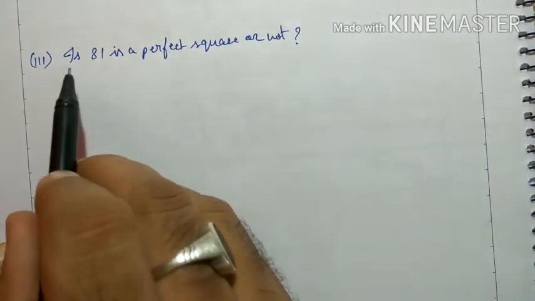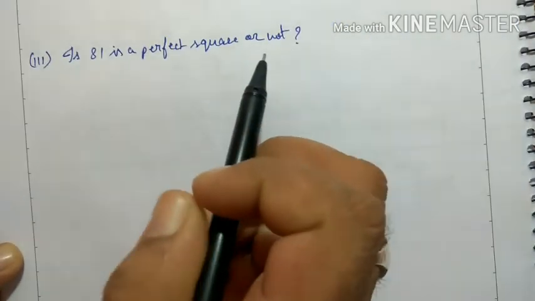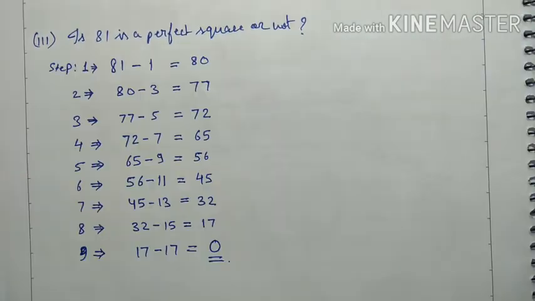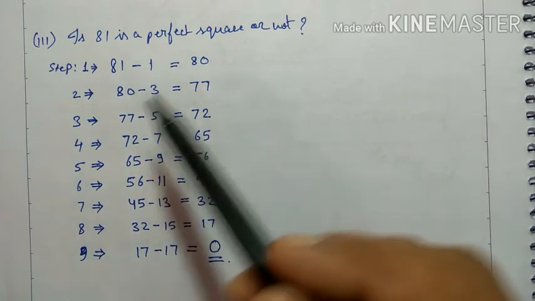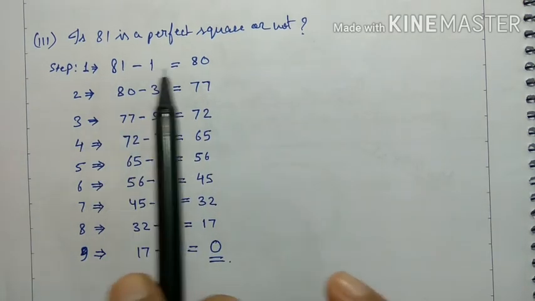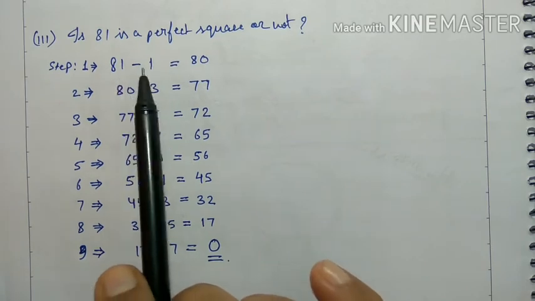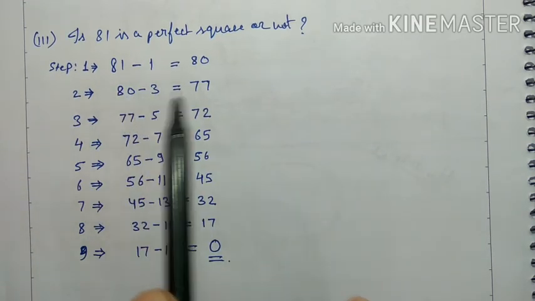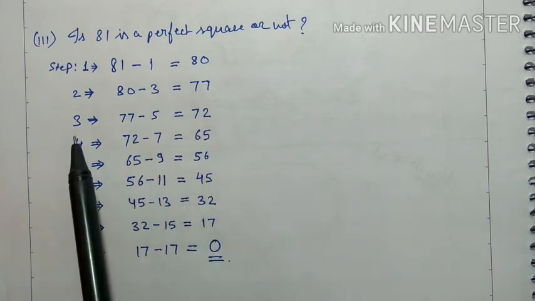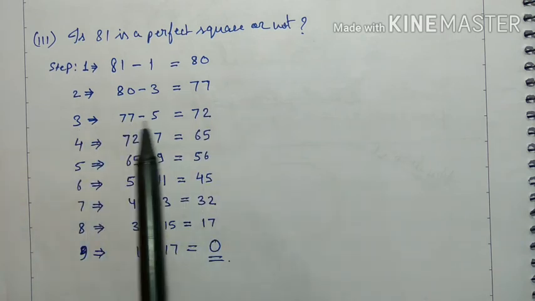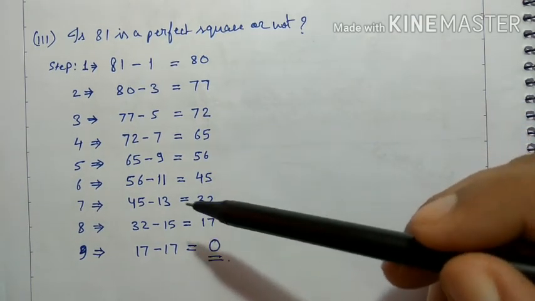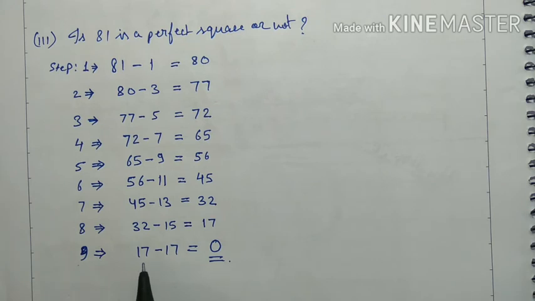Now take another example: is 81 a perfect square or not? Again we apply series subtraction by odd numbers. 81 minus 1 is 80. In the second step, 80 minus 3 is 77. In the third step, 77 minus 5 is 72. This way, at the ninth step, we get 17 minus 17 and the result comes 0.